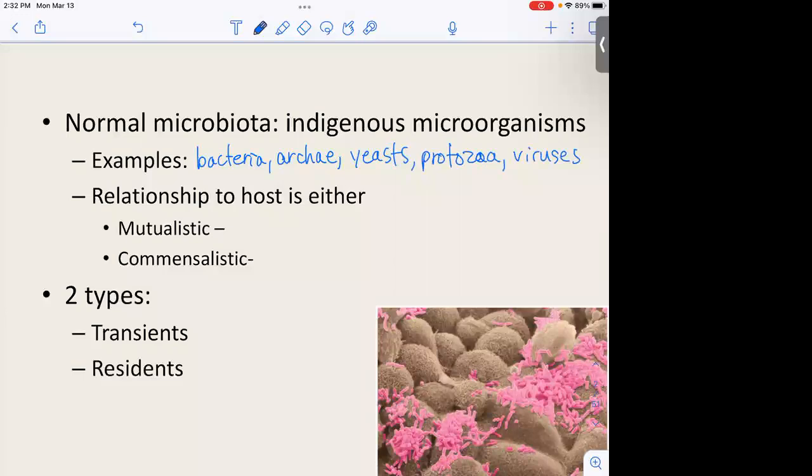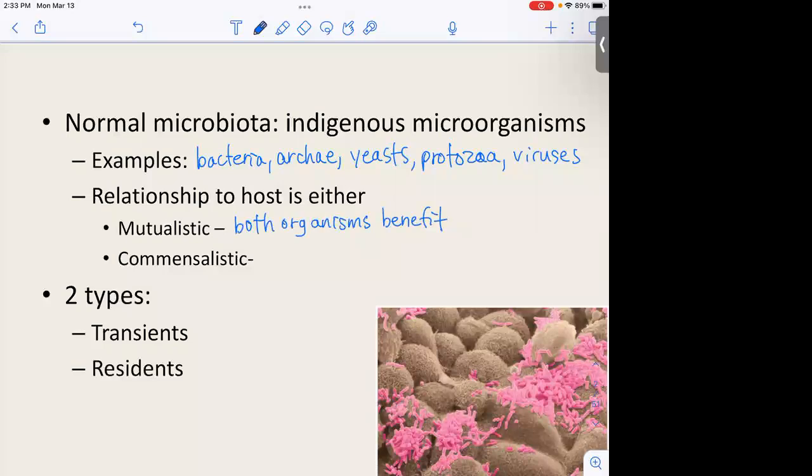So we could describe that relationship of those microbes to us as some synergistic or maybe symbiotic relationship, either mutualistic or commensalistic. So a mutualistic relationship is when both organisms benefit. Okay, they're mutual benefits.